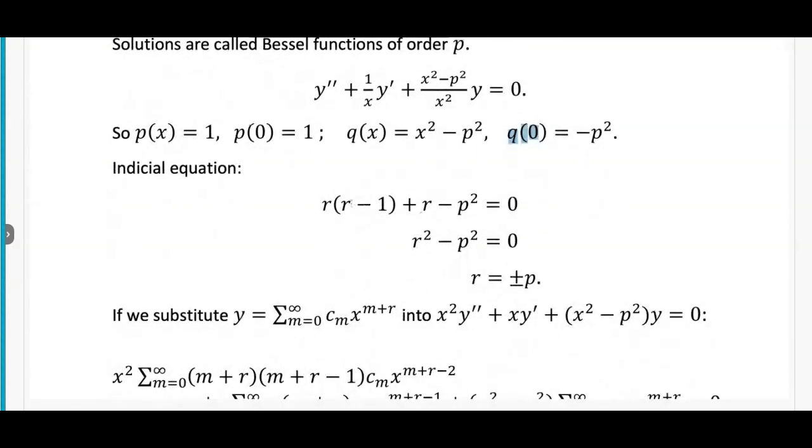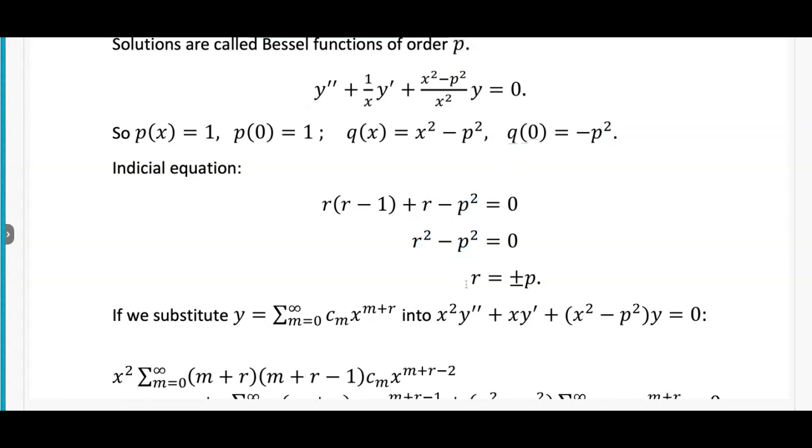So the initial equation is r times r minus 1, plus p naught r, where p naught is 1, so 1r, then plus q naught, which is negative p squared.